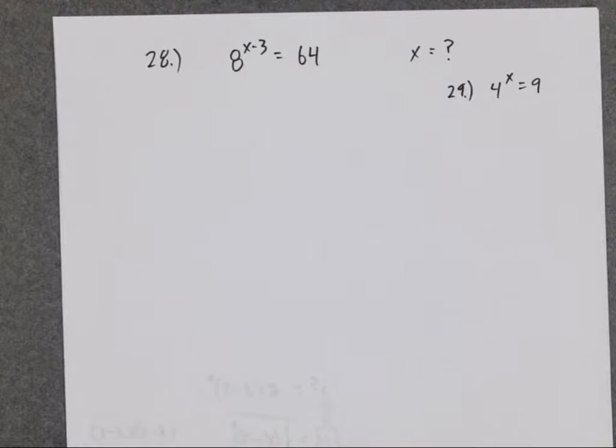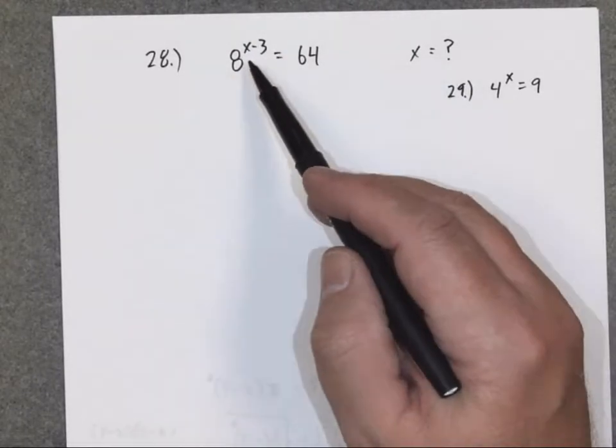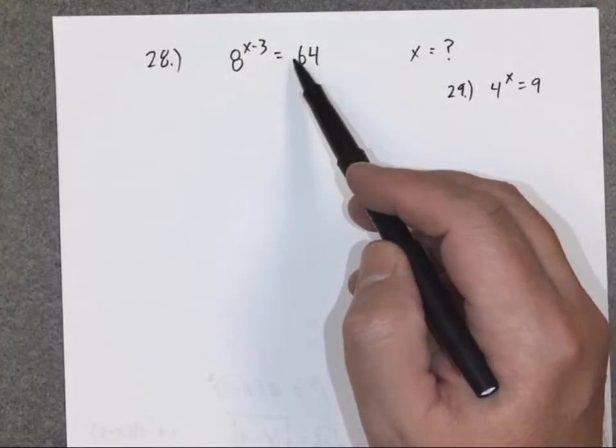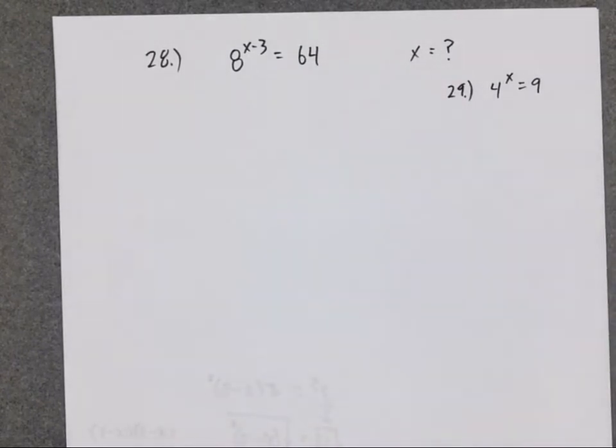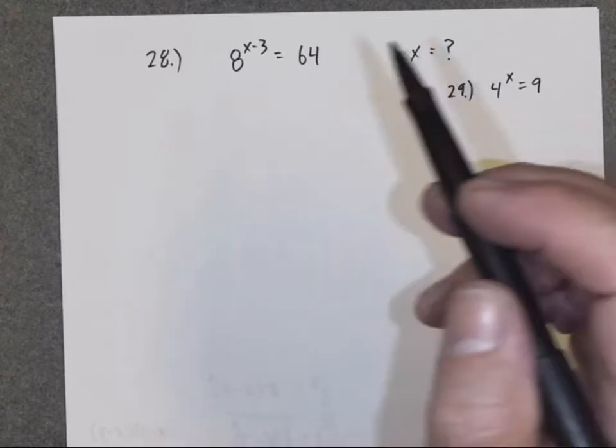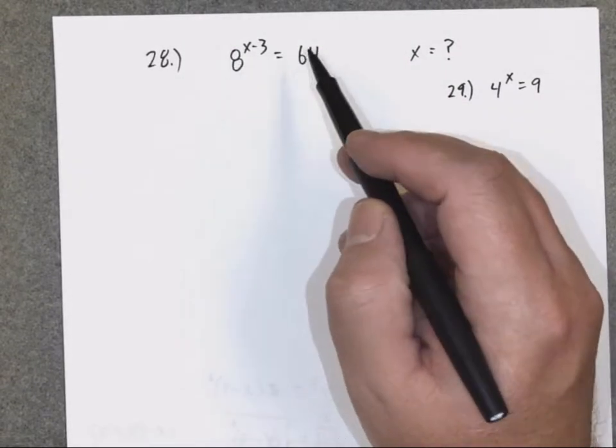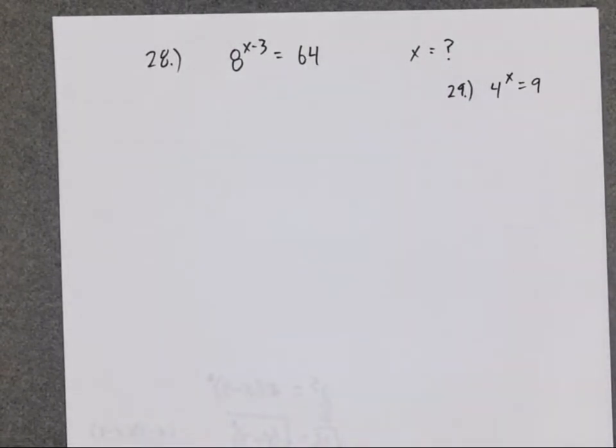Way back, I don't know how many, 10, 12 problems ago, we had some exponential equations. And I said there are really two ways to solve these exponential equations. The first is if you can somehow get both sides to be exponents with the same base, then it's very easy to solve. But I said a lot of times it's impossible to get the same base on both sides.